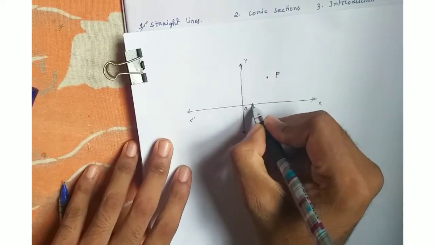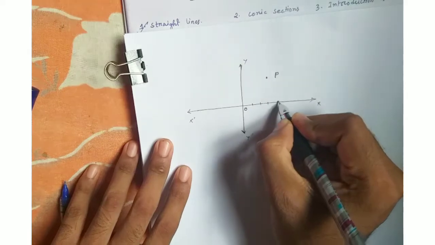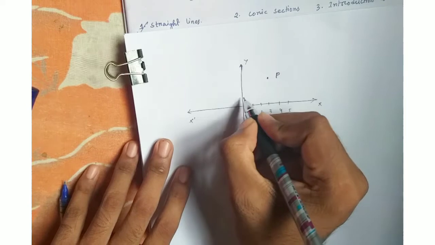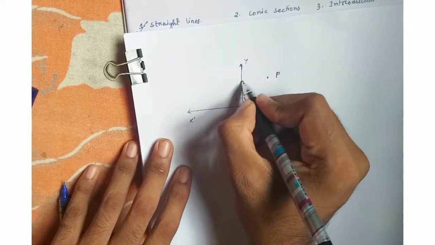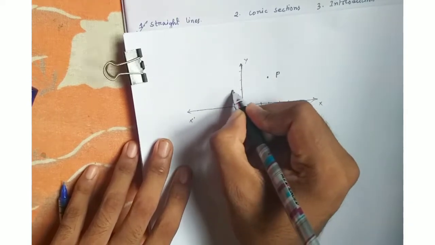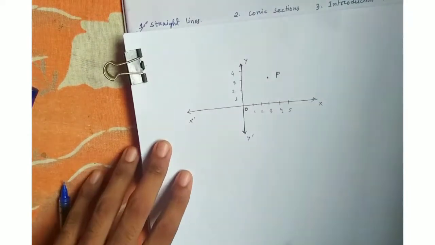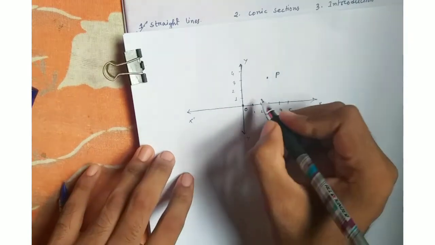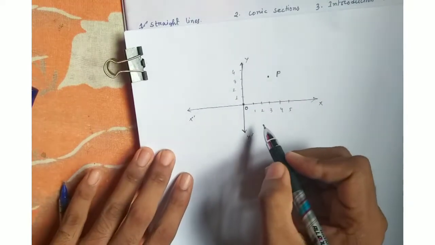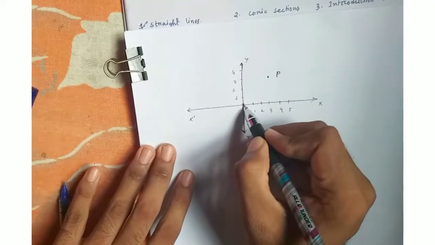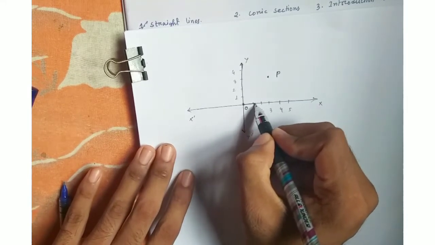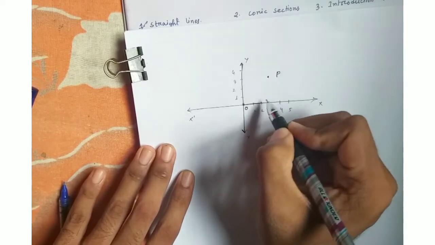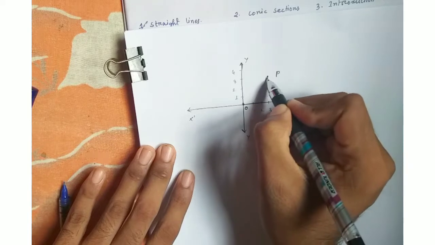Suppose here are the marked lines denoted by 1, 2, 3, 4 and 5. Here also 1, 2, 3, 4. Let us assume I am at the origin, and I have to move to point P. How can I move? I first move along the x-axis from 0 to 1, 2, 3, and then I have to go upward, that is 1, 2 and 3.